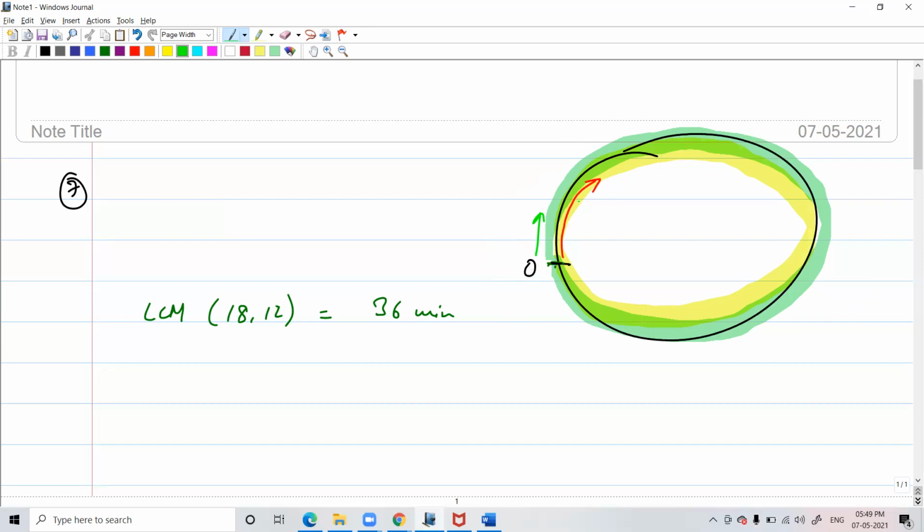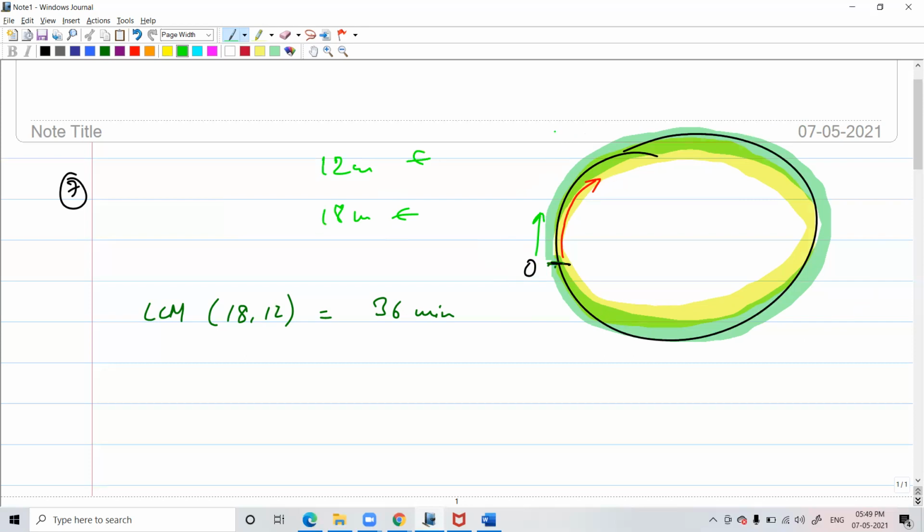Because you know that you are running faster. You complete the round in 12 minutes, the other guy completes the round in 18 minutes. So that person will not be able to catch you up.